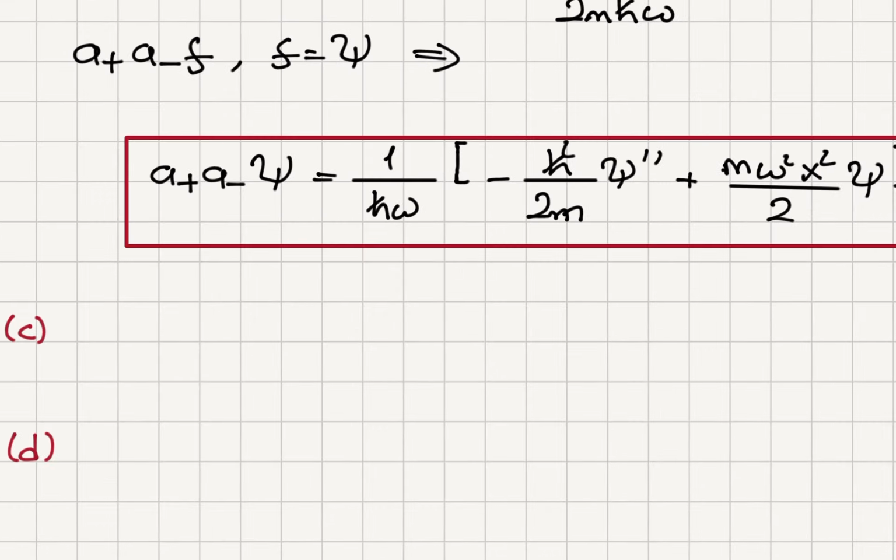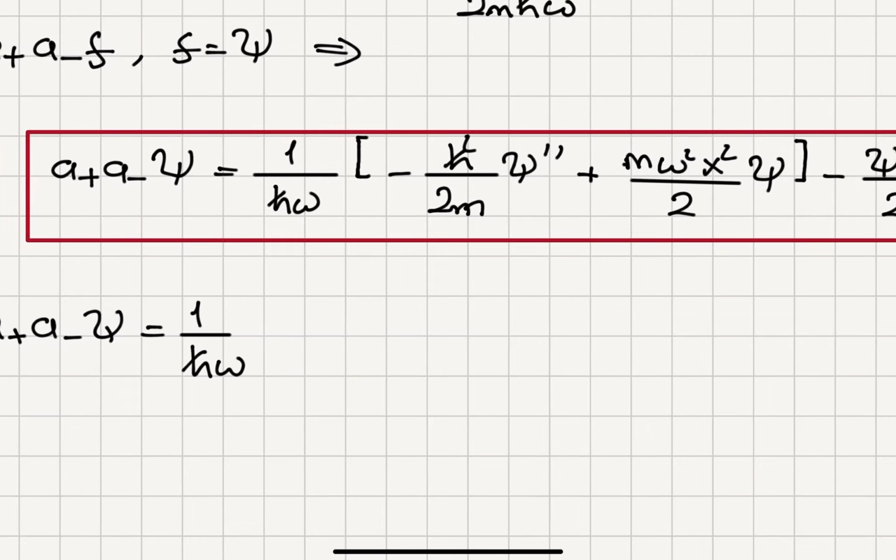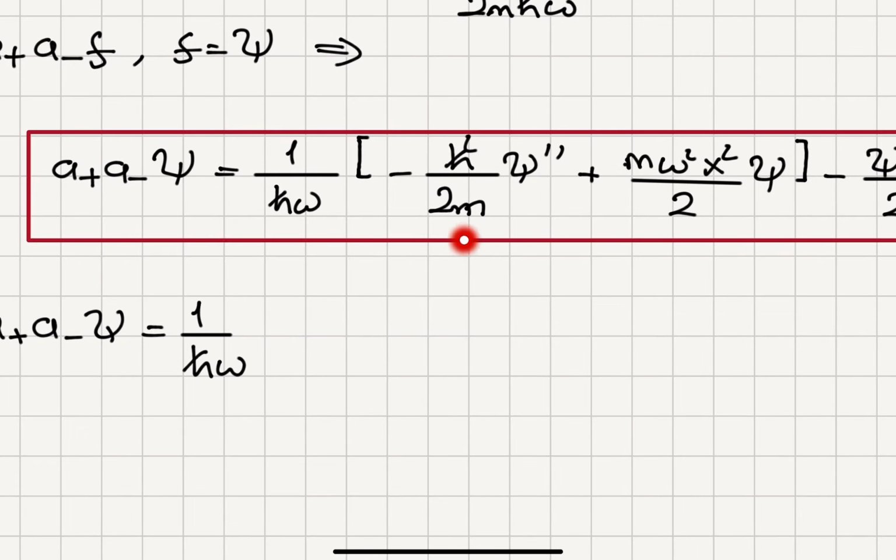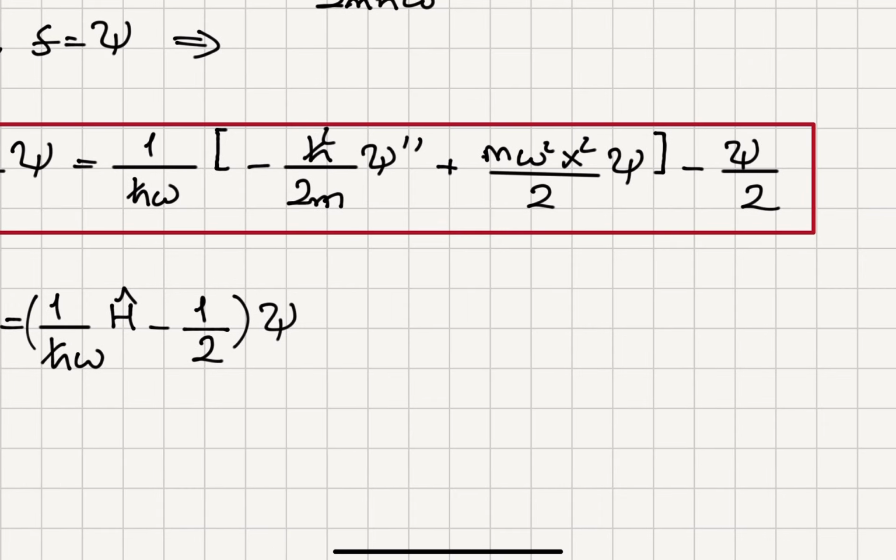So you can see here A plus A minus applied to psi gives me 1 over h bar omega, and what I have in this parenthesis here is the Hamiltonian operator multiplied by 1 over h bar omega minus 1 over 2 applied to psi.